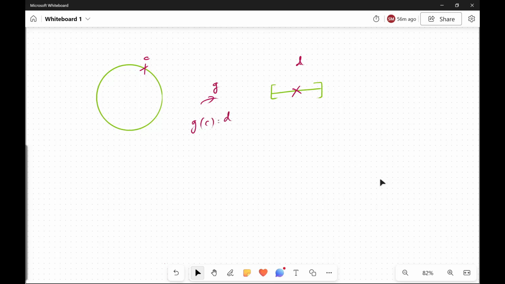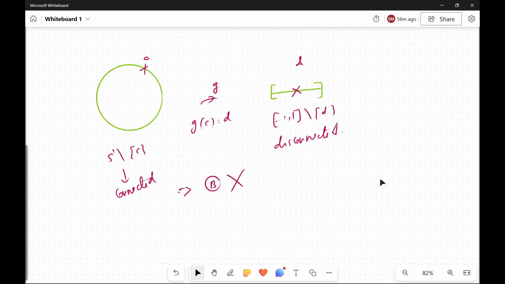But the circle minus a point is connected, while minus 1 comma 1 minus a point is disconnected. So this implies option B is not true.